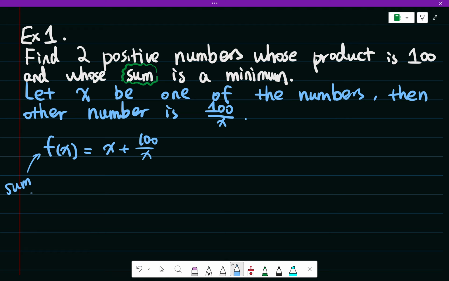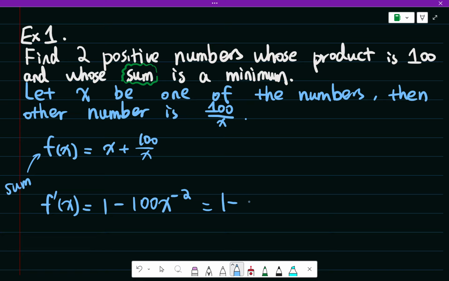So the next step is finding the derivative of this function, which is f prime of x, because we know that this f(x) must have some local extrema, and we're trying to find the local minimum of this function f(x), which will give us when the sum is a minimum. The derivative of this function, if we use derivative rules, is 1 minus 100x to the power of negative 2.